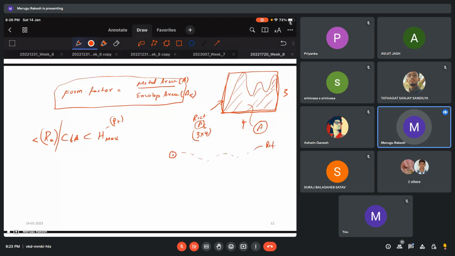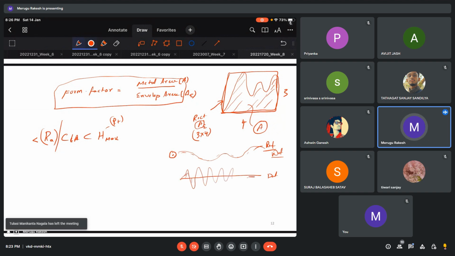So everything will be compared with the reference plane or the datum plane. This is one datum plane, and if you roll a roller, this is one datum line. Any peak or valley, you should compare with this bottom line only. That's the system we follow. This is how we draw the line: the area above and below should be exactly equal. Then you can calculate.